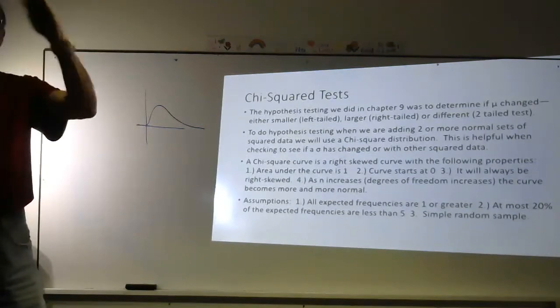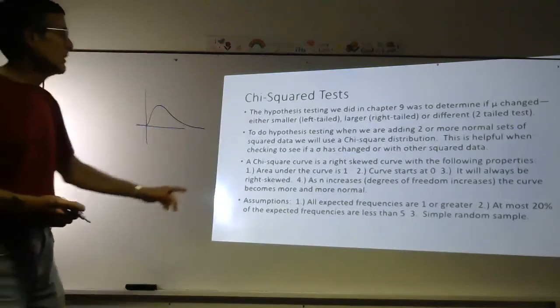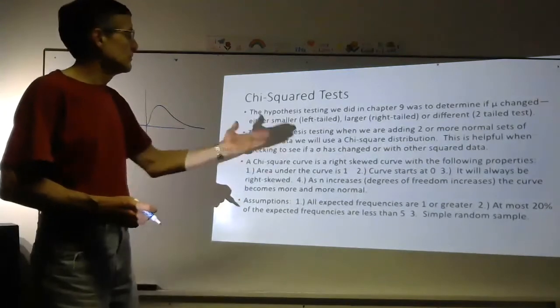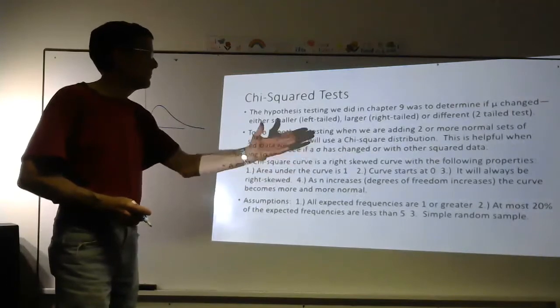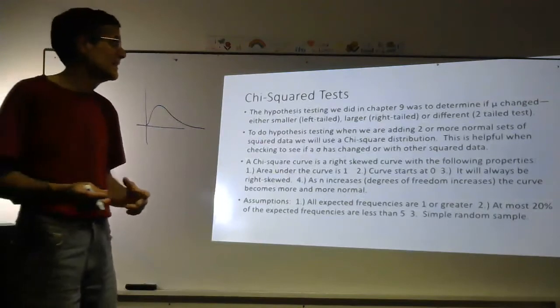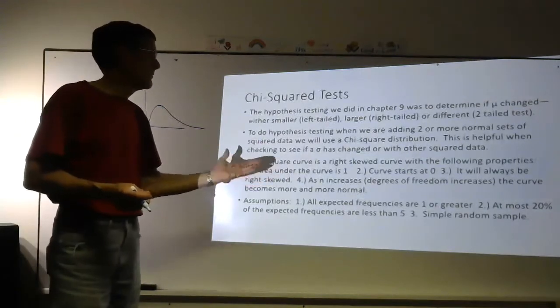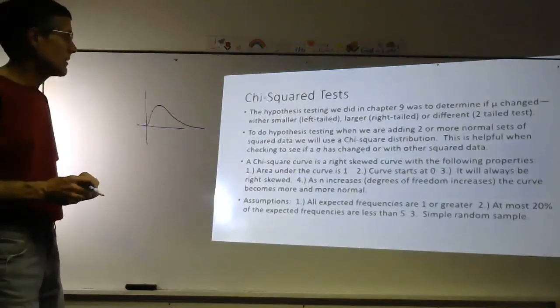Okay, so negative and then going to positive, and it's right skewed. Area under the curve is always 1. Curve starts at 0. It'll always be right skewed. As n increases, the degrees of freedom, you remember degrees of freedom from t-tests, as they increase, the curve becomes more and more normal. I'll show you a picture of that in a second.